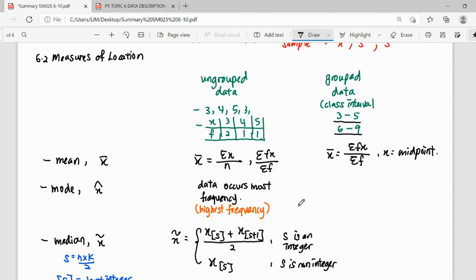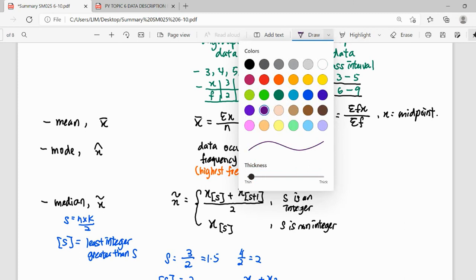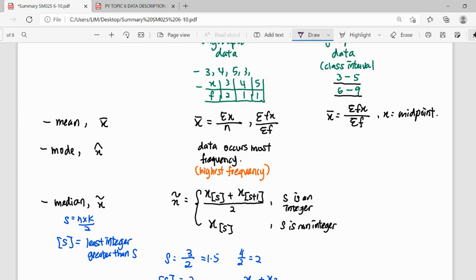So when they go for mode, for grouped data, everything is formula. For mode, they are going to use their lower boundary plus B1 over B1 plus B2 times C. Of course, you have to identify where your modal class is first. What's your modal class?